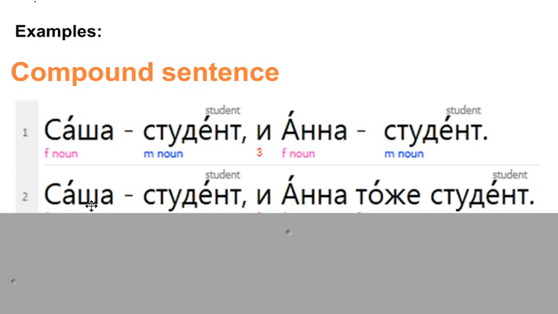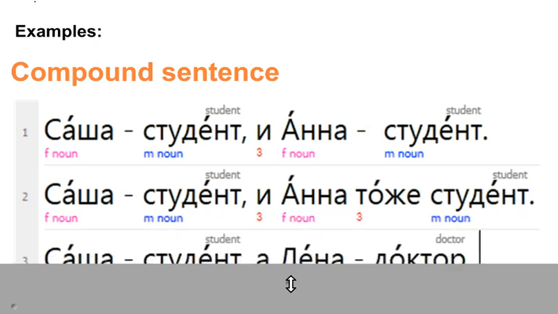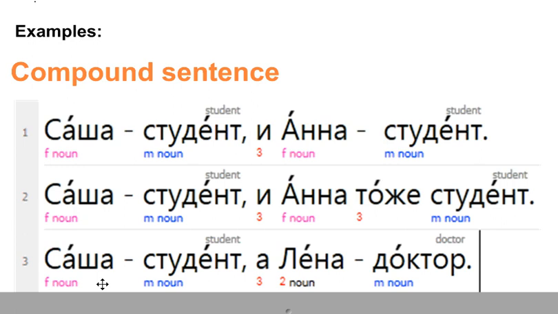Another one. Саша студент, comma, и Анна тоже студент. So notice the difference between these two. You have a hyphen here, and instead of the hyphen you can say тоже in this sentence. Okay. And the third one, Саша студент, а Лена доктор.